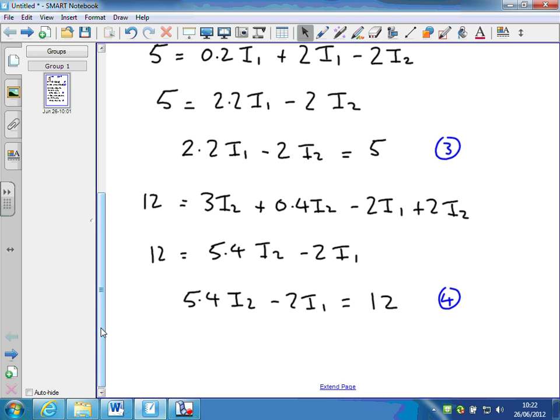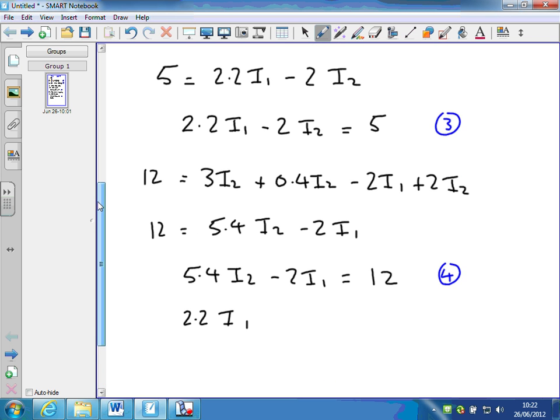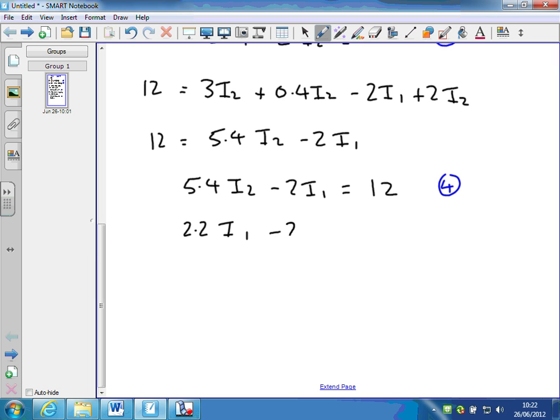So now we can try and solve them. Let's put them together. Let's rewrite number 3 underneath: 2.2 I1 minus 2 I2 equals 5. That's equation 3.